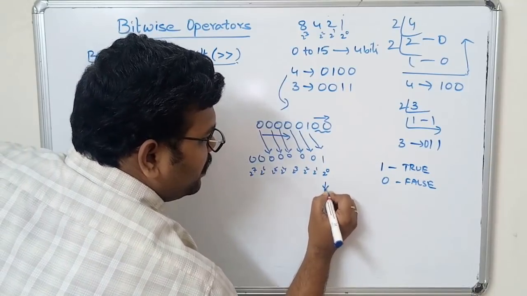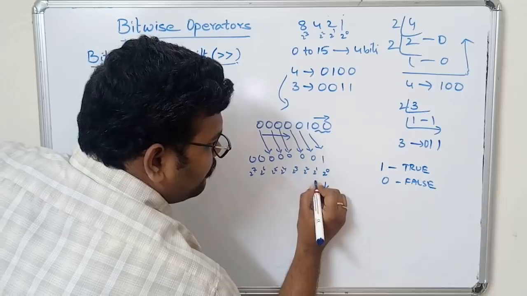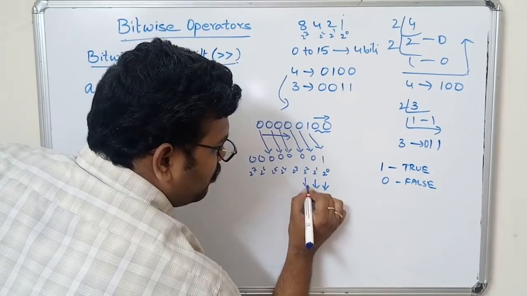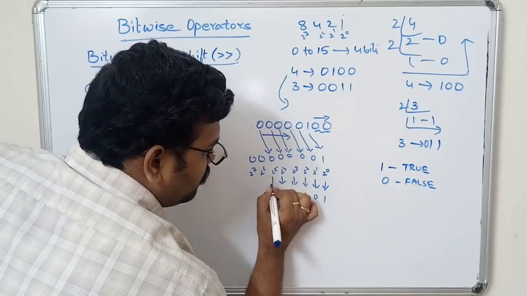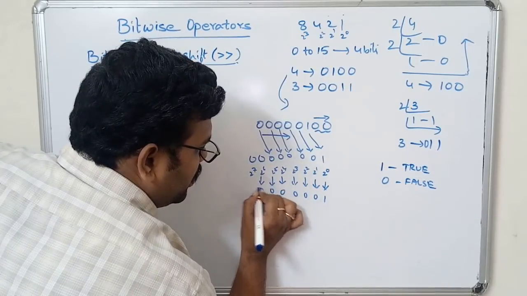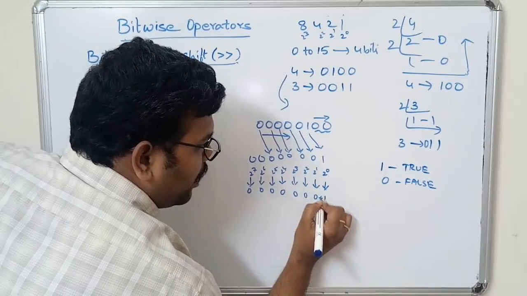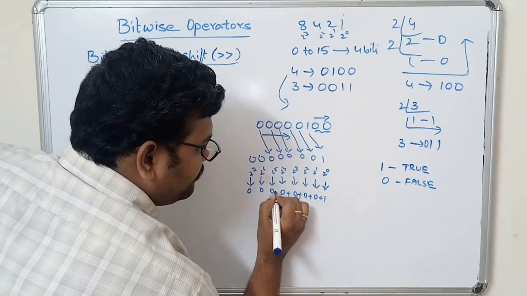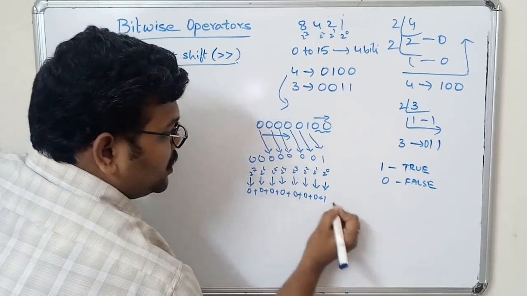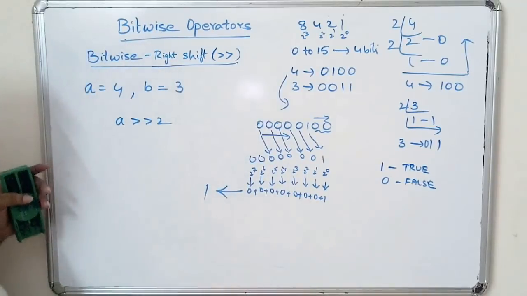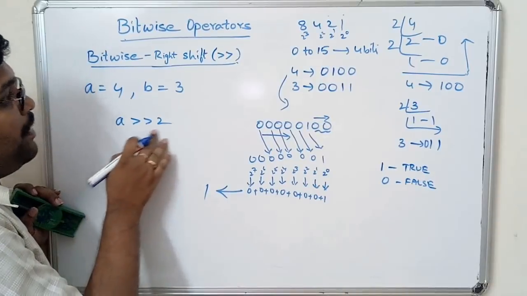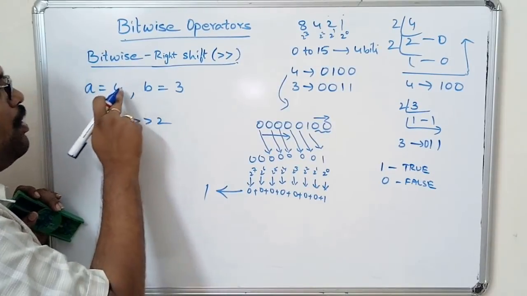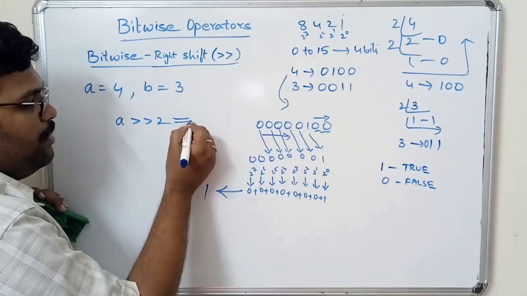The result will be 1 0 0 0 0 0 0 0. Add all these, and you will get the result as 1. So if you apply the right shift with 2 bits on a, the result will be 1.